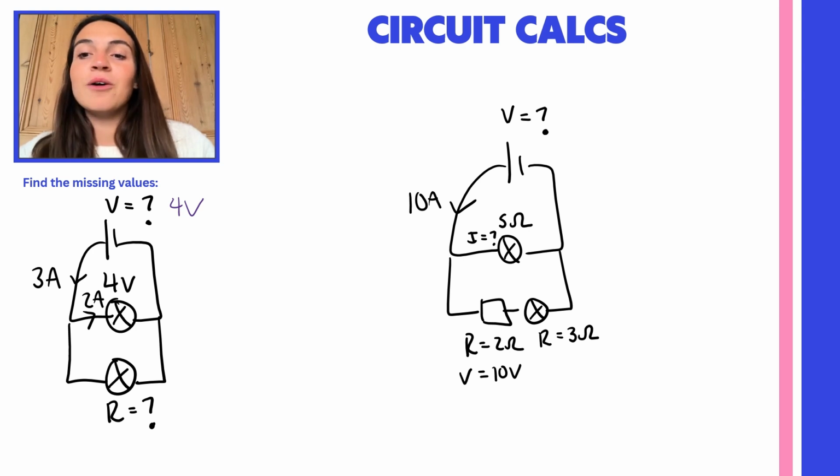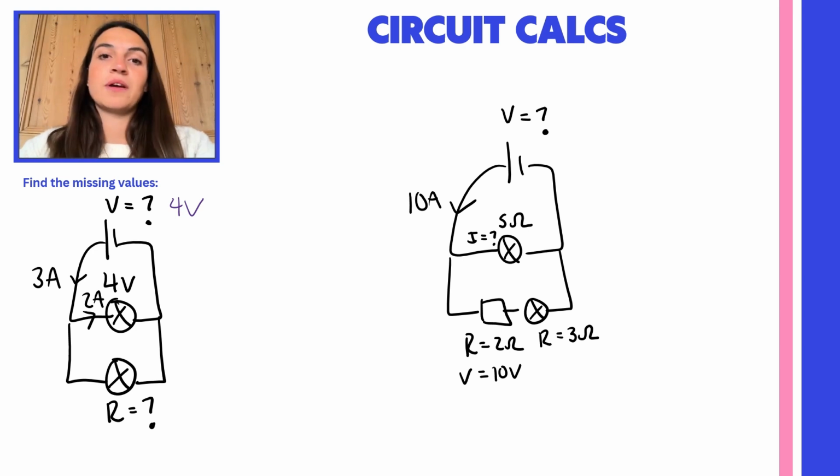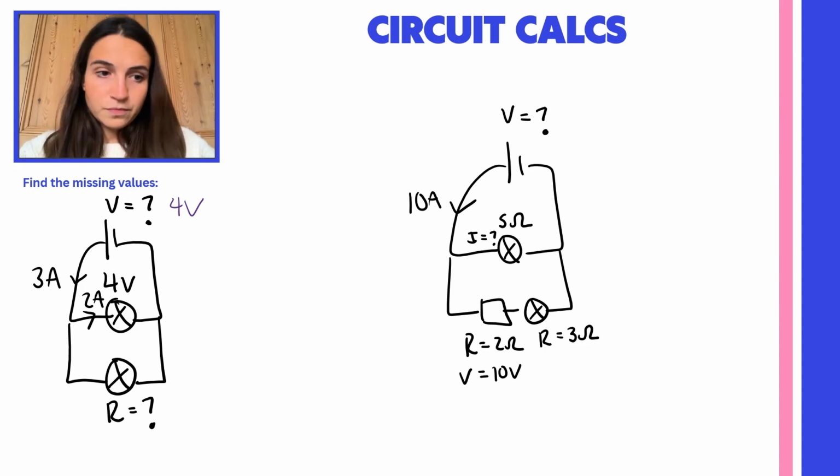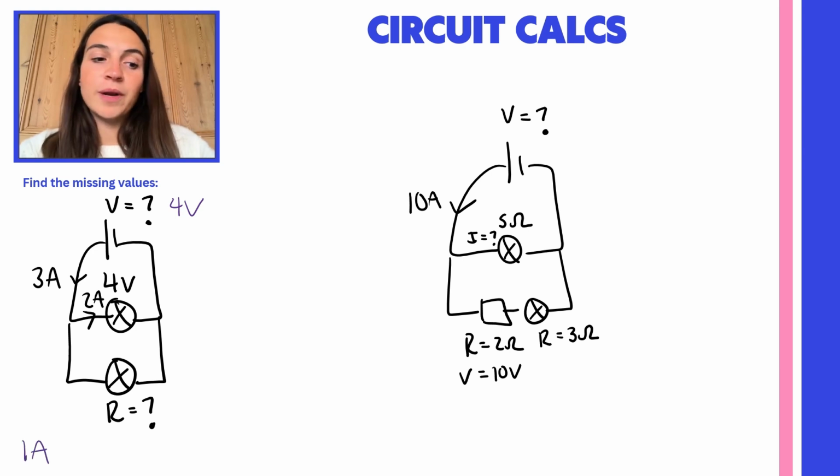Okay, and now time to think, how can I work out the resistance of the bulb at the bottom? Well, first thing I can do is work out what is the current through that bulb at the bottom. I've got that 3 amps coming from my supply, coming down to the junction and then getting split between the top branch and the bottom branch. The top branch receives 2 amps, so my bottom branch that has my bulb in it will receive 1 amp of current.